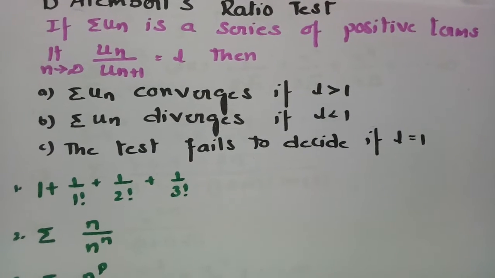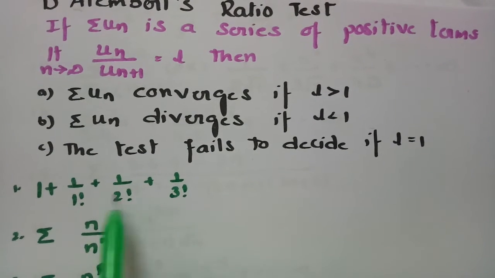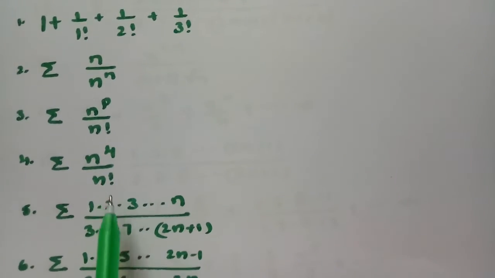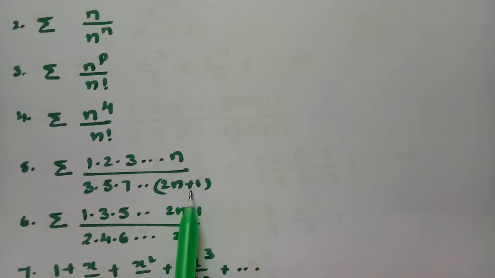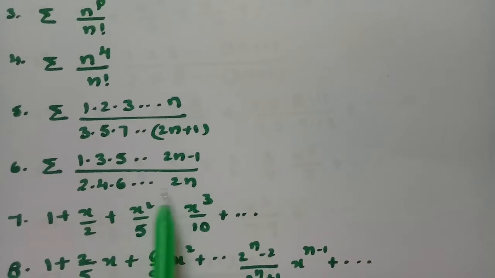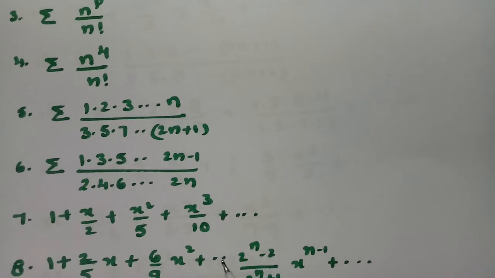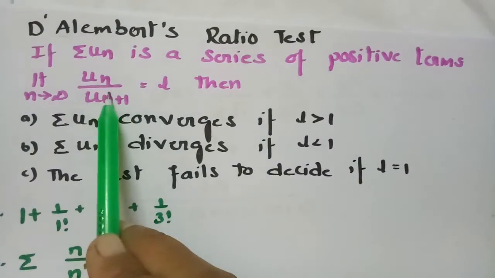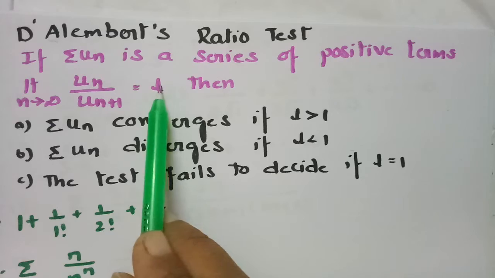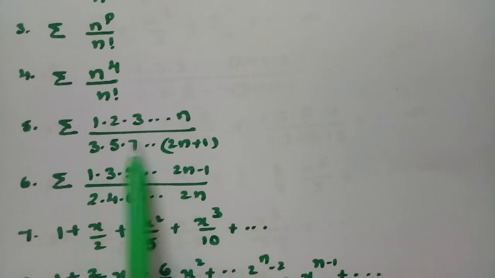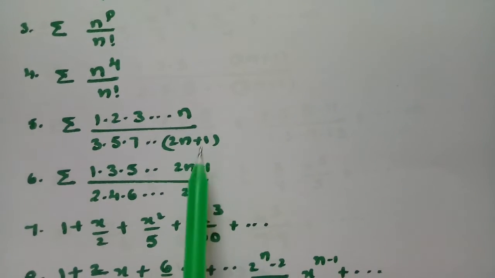In this case, mostly in each and every question there will be a factorial. In most of the questions there will be factorials and so on. So we have to take it as un, write un plus 1, and divide. If the value is finite and greater than 1, we say convergent. If it's less than 1, it is divergent. See all the questions. If it's un, you have to make un plus 1.